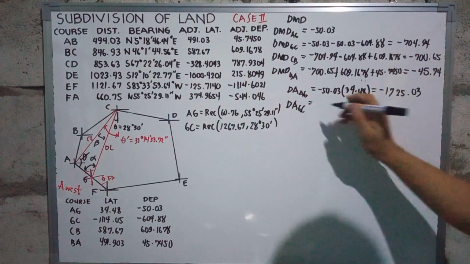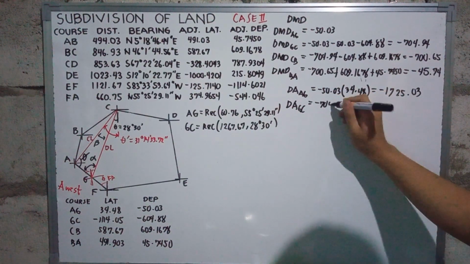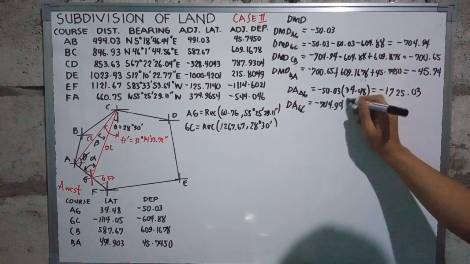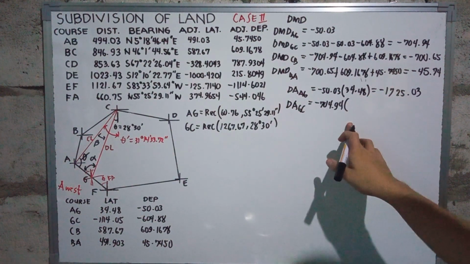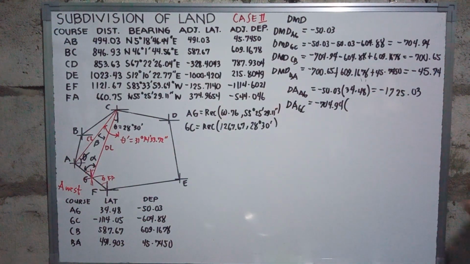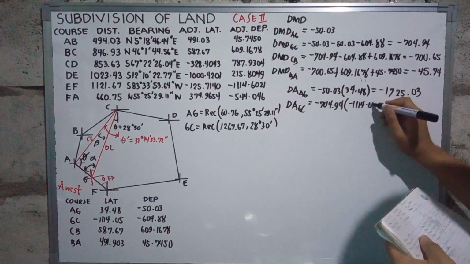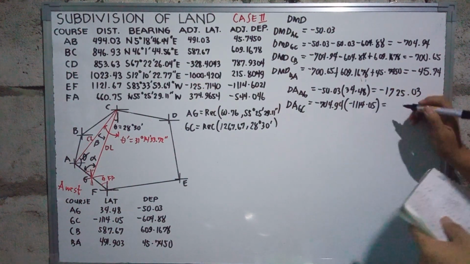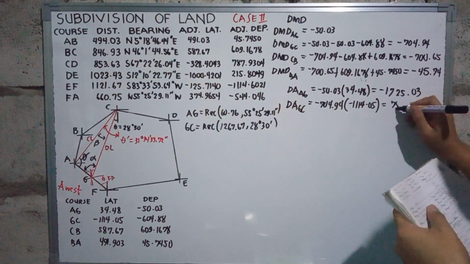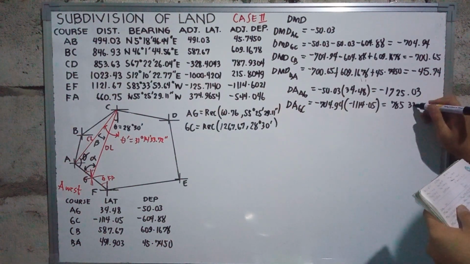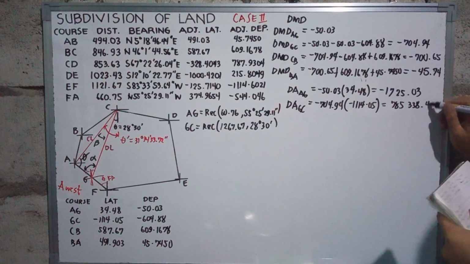And then, kukunin naman natin yung the double area between C to B naman, ay GC pala, GC. So, copy lang natin yung DMD niya multiplied by the latitude na negative 1,114.05 is equals to 785,338.41.